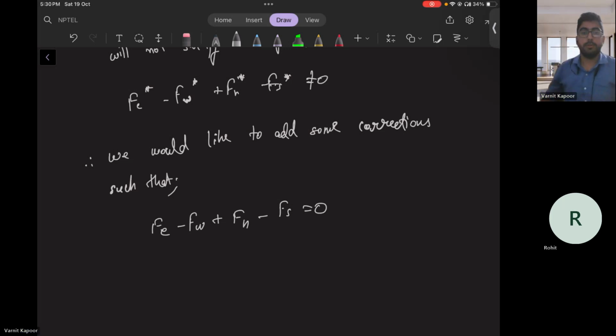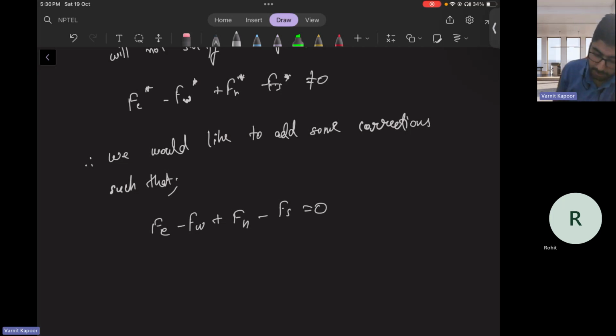Okay. It means we can split each of these into star and prime notations. Because the star flow rates are known from the solution of the momentum equation, we can send them to the right hand side. So Fe star minus Fw star will come here.